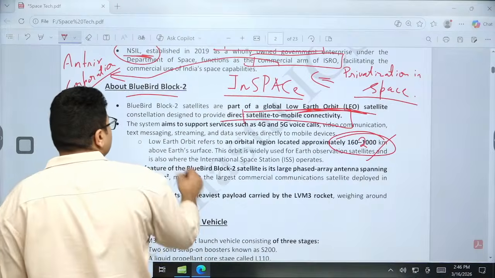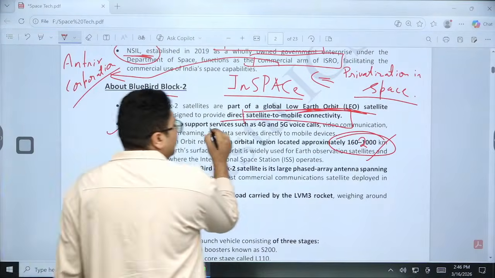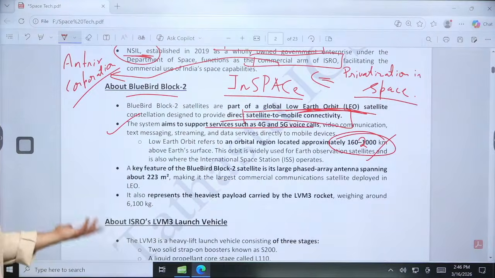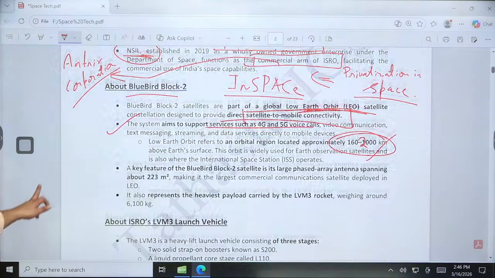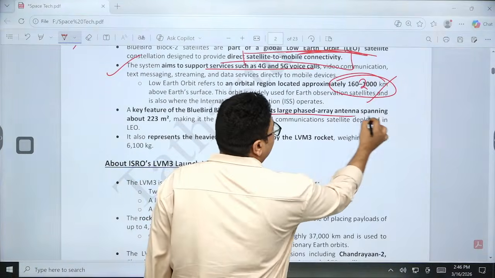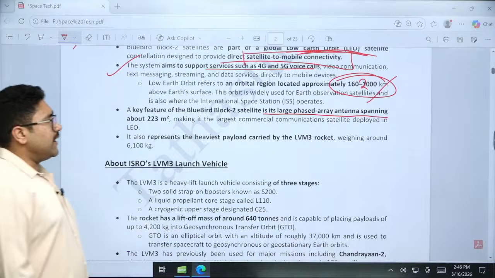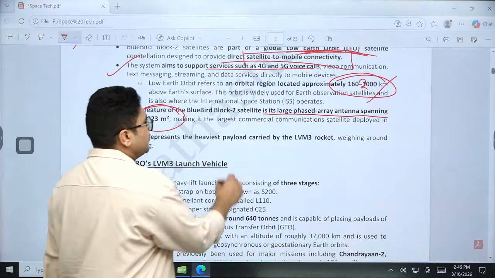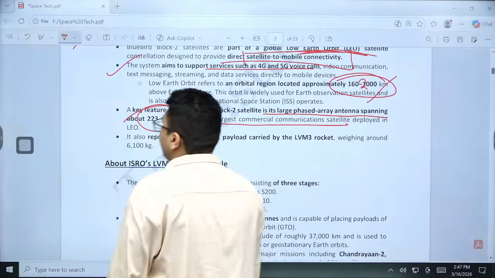What is the aim of the satellite? The aim of the satellite is to support services such as 4G and 5G, voice calls, video communication, the internet connectivity satellite. The key feature of the satellite is that it has a large phased array antenna spanning about this much meter square, making it the largest commercial communication satellite deployed in LEO.